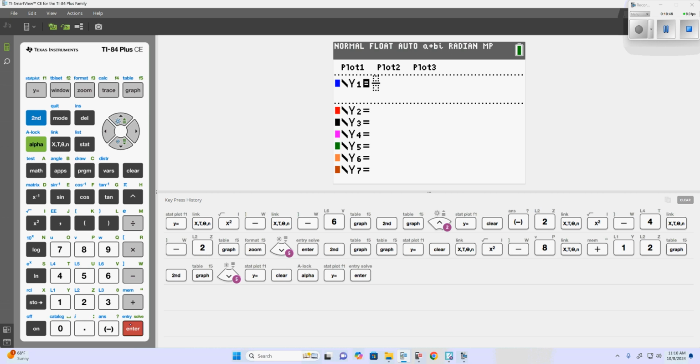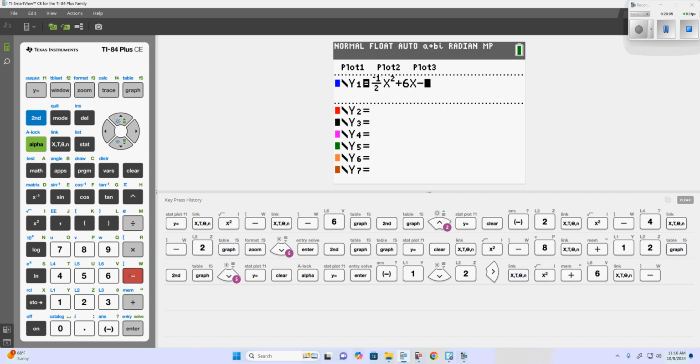So what we can do instead is turn that fraction into a decimal. But here, luckily, we can type it in as -1/2 x squared plus 6x minus 20. Now, if we were trying to factor this, we would really want to get that negative 1/2 to be a whole number.